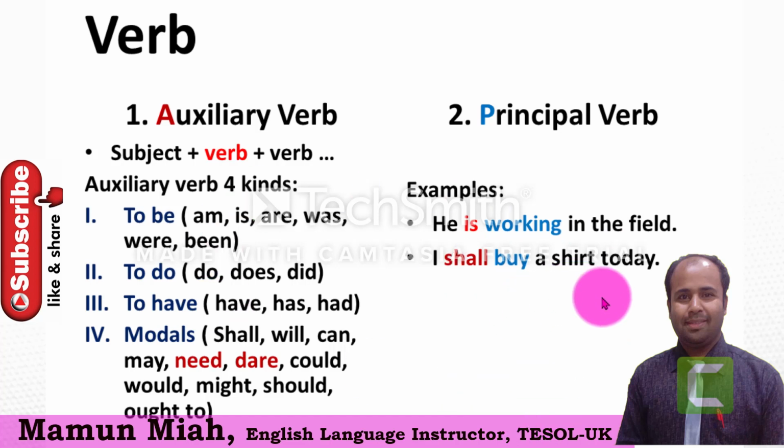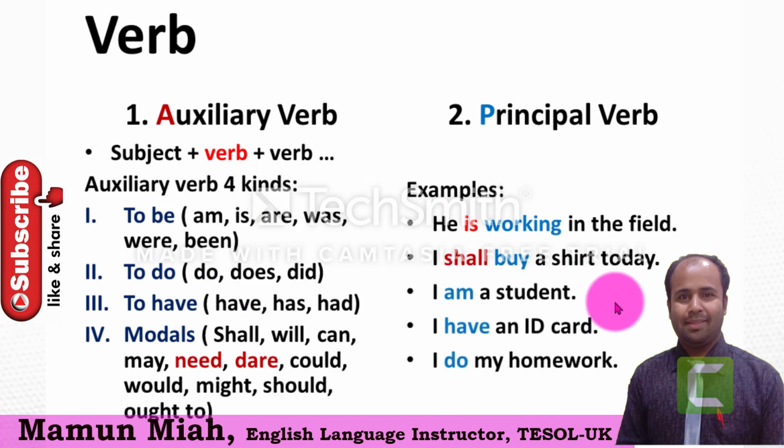Dear student, now the other three sentences you will find something different. Here in the three sentences, only one single verb. I am a student, I have an ID card, I do my homework. Here three sentences, only single verb. But the verbs seemed to be auxiliary but not.